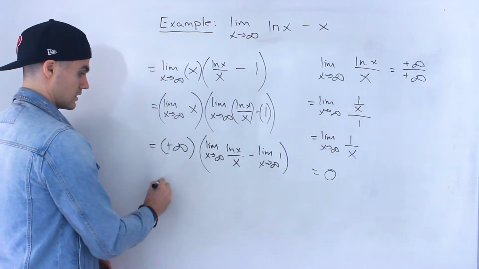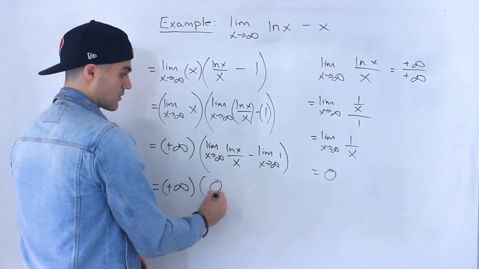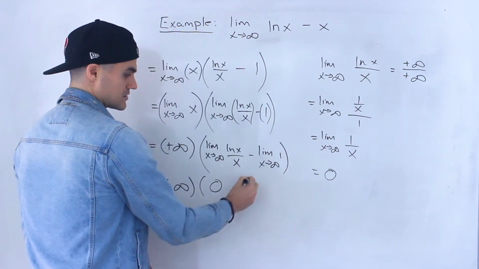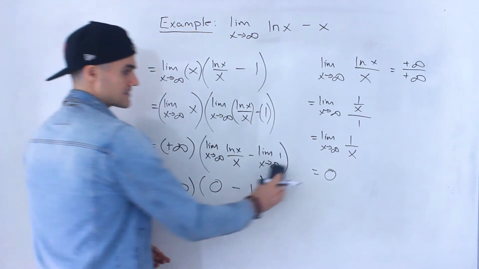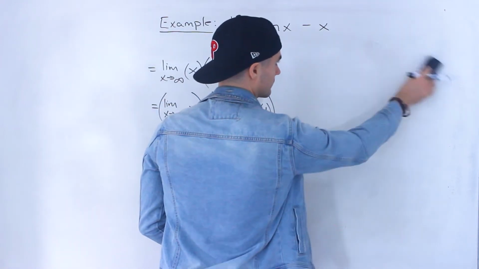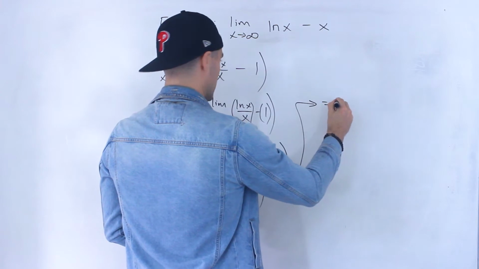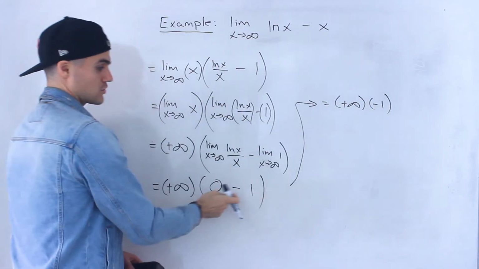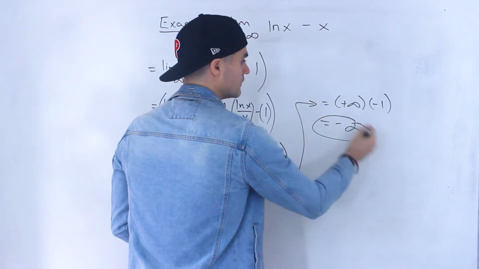So this limit here equals 0. And so if we sub in that result, this is going to be 0. And then the limit as x approaches anything of a constant, it's just equal to that constant. And so what ends up happening is we end up getting positive infinity times -1. 0 minus 1 is -1, which ends up being negative infinity.